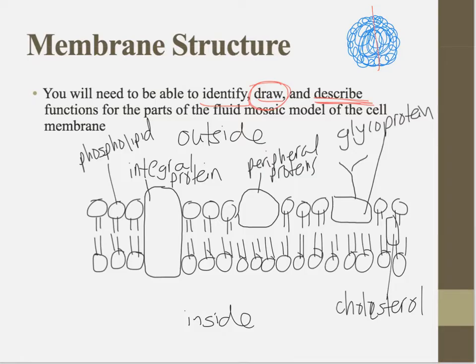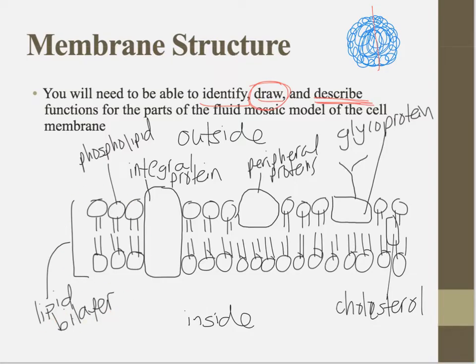One more thing I kind of want to label here. This is what we call the lipid bilayer. Lipid because these are phospholipids. They're made of fatty acids. Bi meaning two layers of lipids.